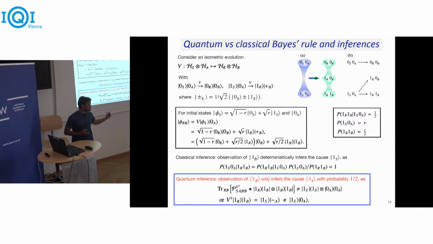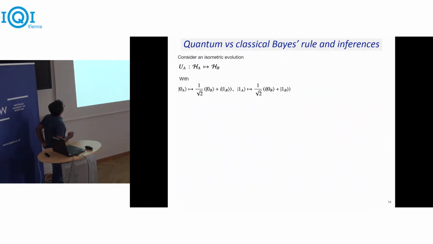Although it doesn't look so important here, in the examples that I will be considering for Frauchiger-Renner and Hardy's paradoxes, you will see this will be crucial. So this is where we first see a disagreement between quantum Bayes based retrodiction or inference and the classical Bayes based inference.